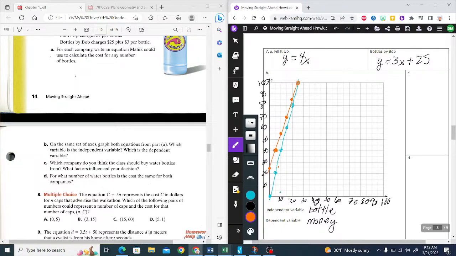Letter C: which company do you think the class should buy waters from? What factors influence your decision? If you're buying less than 25 bottles, then you want to choose Fill It Up.